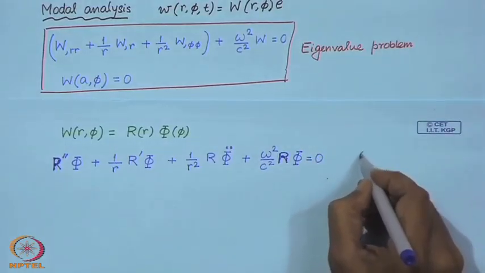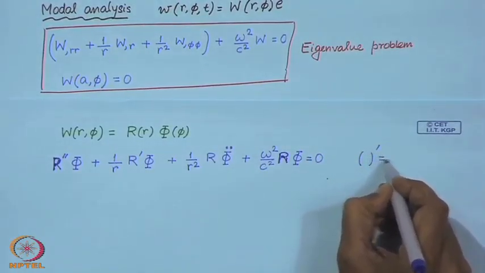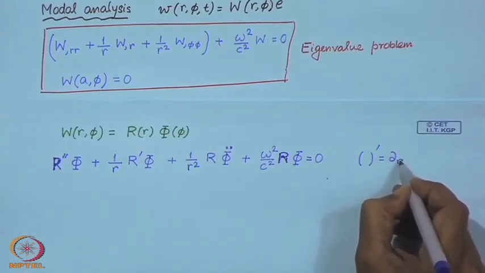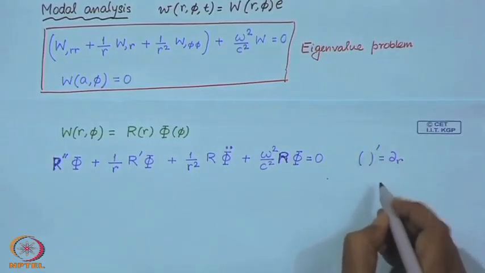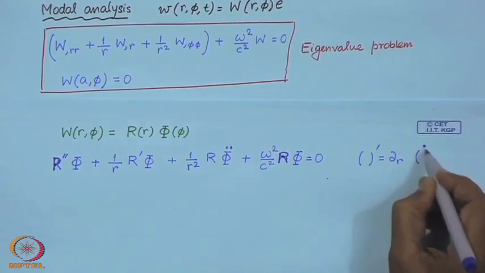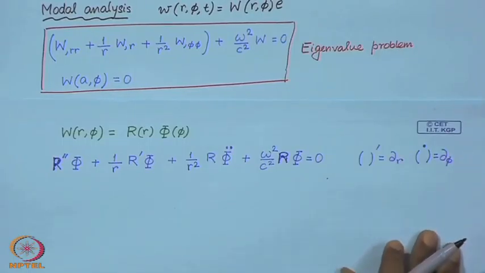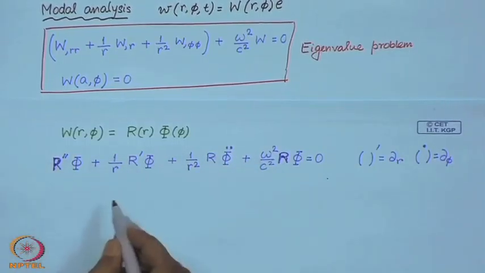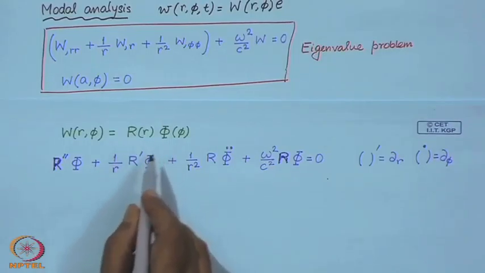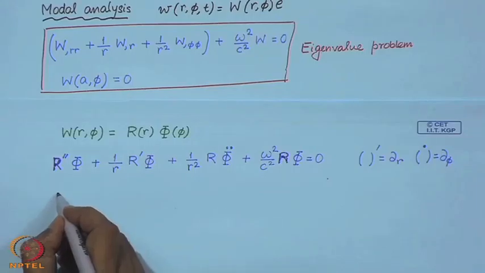So, here I have used the prime for the derivative with respect to r, and the dot indicates the derivative with respect to phi. Now, I do some rearrangements. I divide throughout by this product, capital R into capital Phi.